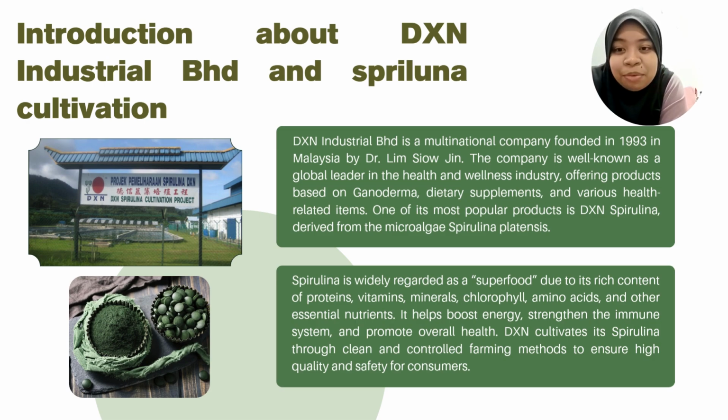One of their main products is DSN Spirulina, which comes from the microalga Spirulina platensis. Spirulina is often called a superfood because it's rich in protein, vitamins, minerals, chlorophyll, and amino acids. This helps to boost our energy, improve immunity, and support overall health. DSN also uses clean and controlled farming methods to make sure the spirulina produced is high in quality and safe for consumers.